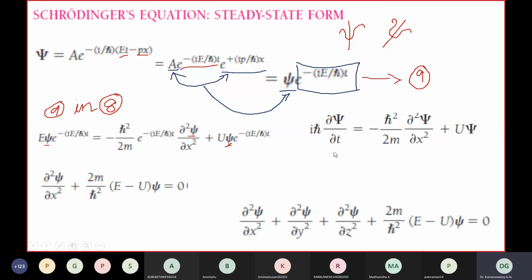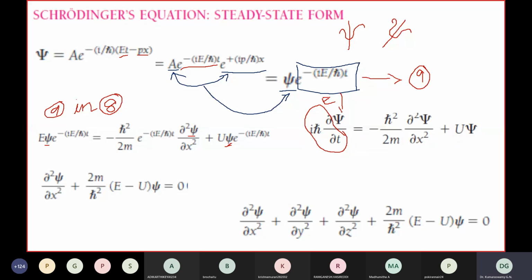This is equivalent to E, right? This is E psi. This they have kept as it is. This is U psi. So instead of psi, you substitute this part. Whole of this should come in place of psi.